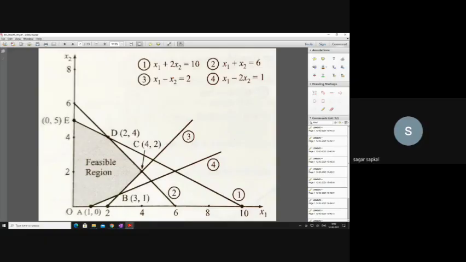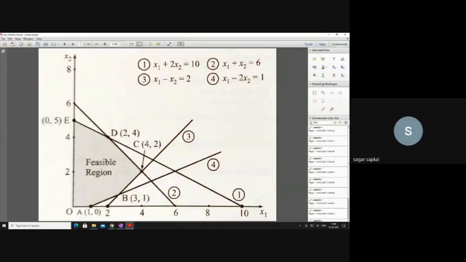Is everyone getting this? Yes sir. Okay. Now you consider extreme points, which are O, A, then B, C, D, and E. Or you can draw an isoprofit line. It is maximization, no? So you can draw an isoprofit line, then take it away from 0, 0. It will leave the feasible region. I think at point D or C, just check.